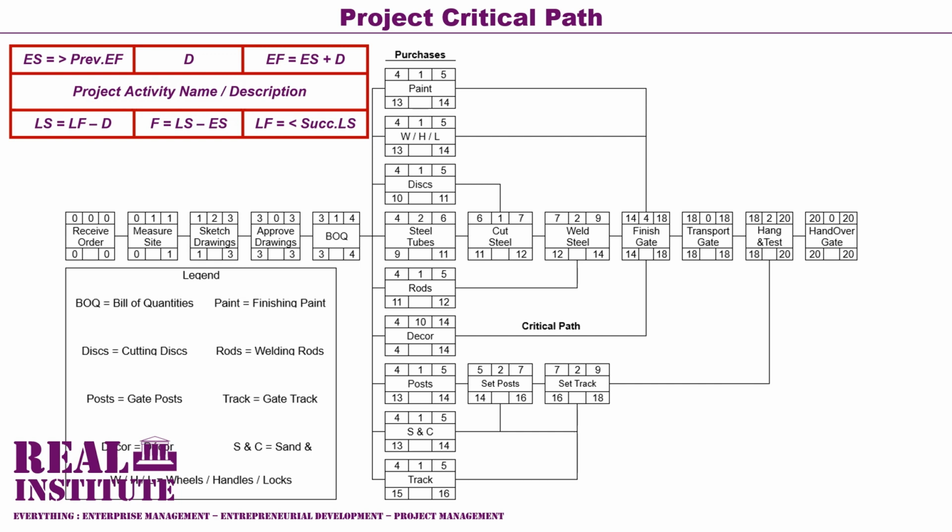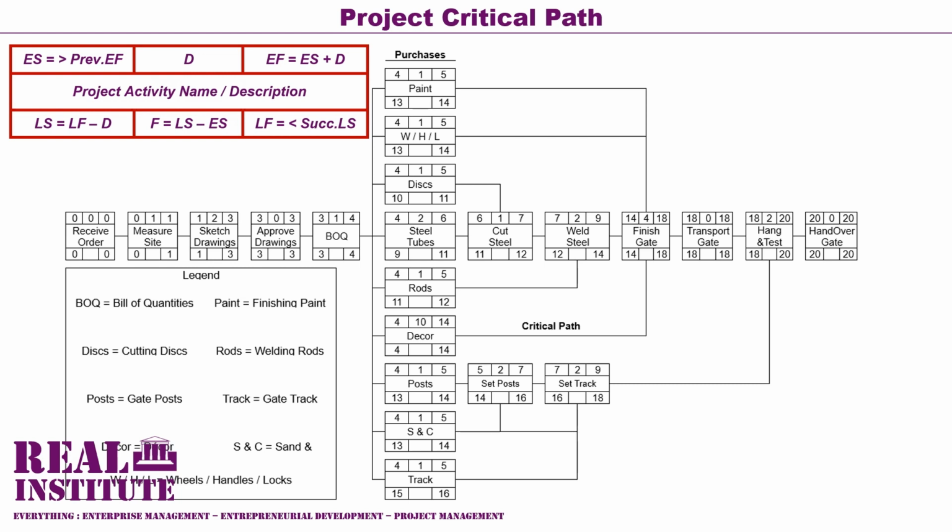And then its late start value is calculated by subtracting its duration value from its late finish value. Its late finish value is 18 and its duration value is 4. And therefore the value of its late start is 14 because 18 subtract 4 equals 14.